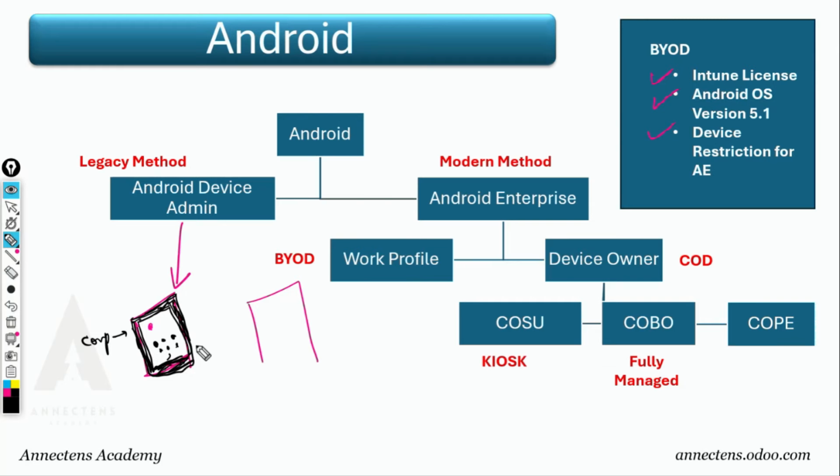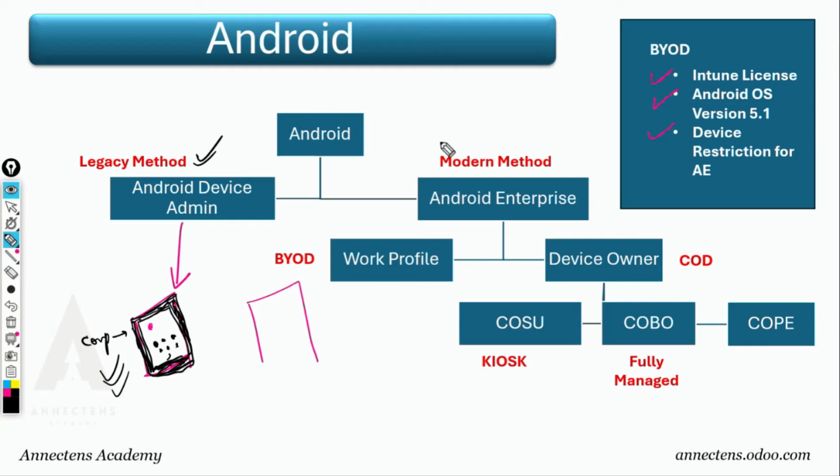There was no choice of being personal; it was all managed by corporate. It has been decommissioned, or it's going to be decommissioned soon, but it's no longer being used right now. Android device admin has been deprecated, so it's a legacy method.